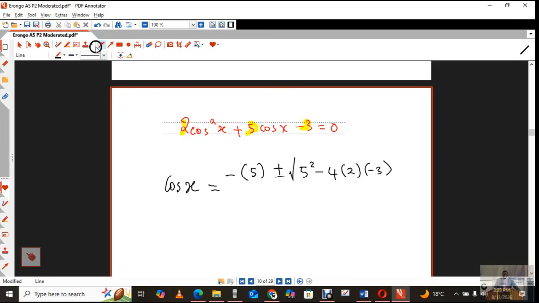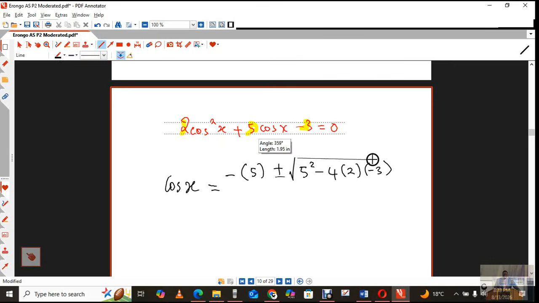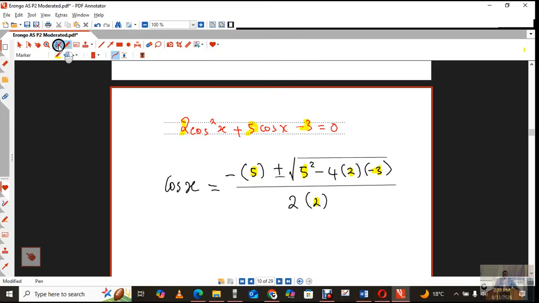Just complete that square root over there. All of this stuff you're going to put over 2a. Well, the value of a is nothing but 2. Right, so I did substitute my values a and b into the equation, and I'll be getting my answers.